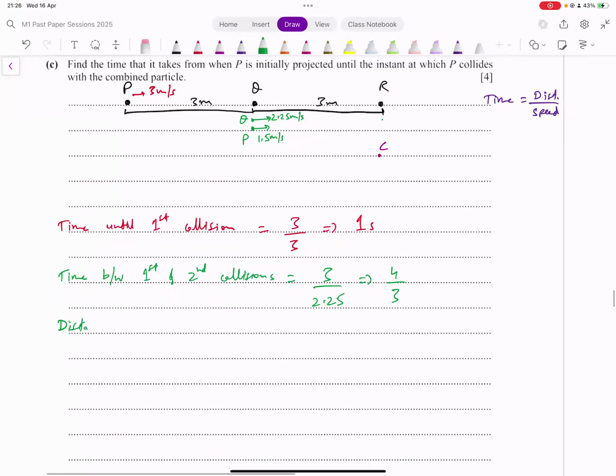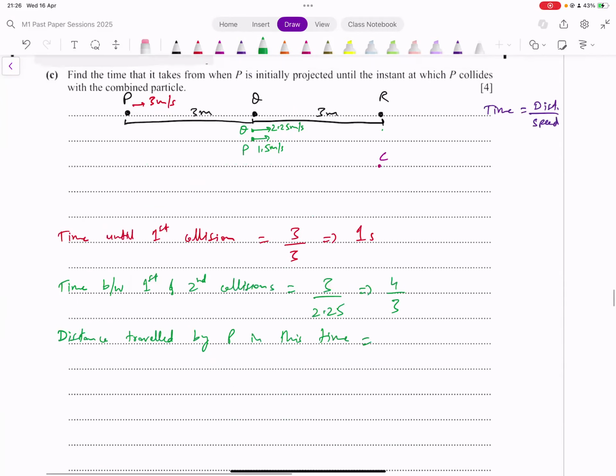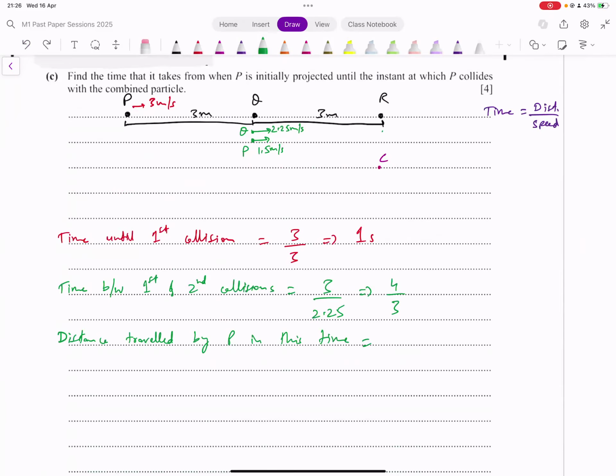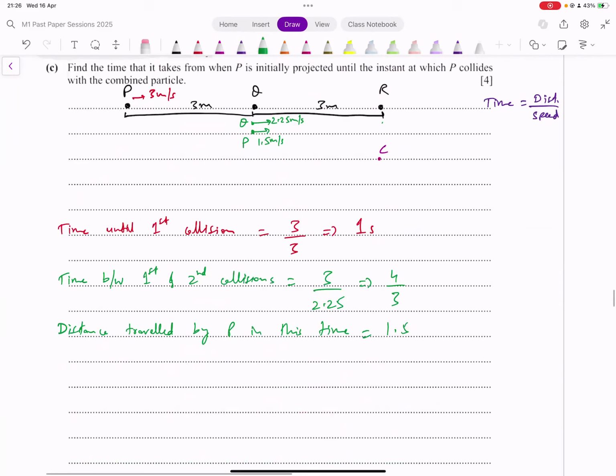Distance traveled by P in this time. 1.5 meters per second, that's the speed, into the time, that's 4 over 3, and that will give you some value. What's this? 4 over 2, that is 2. 2 meters.